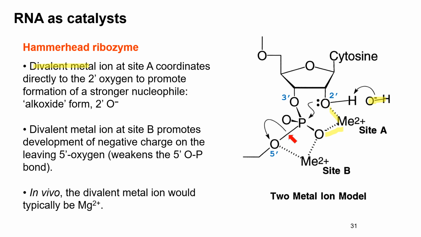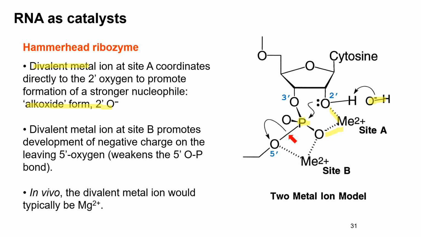So here in the hammerhead ribozyme, it is promoting the formation of the negatively charged O- alkoxide ion at the 2' OH group of the ribose sugar. So this enhances the hydrolysis to attack the phosphorus atom in the 3' phosphoester bond.